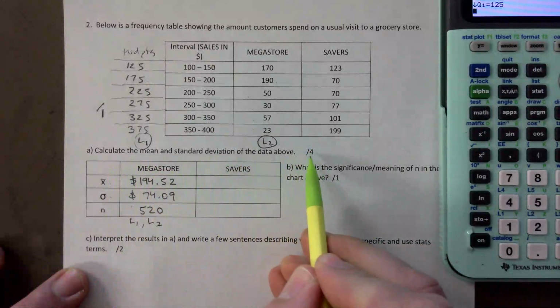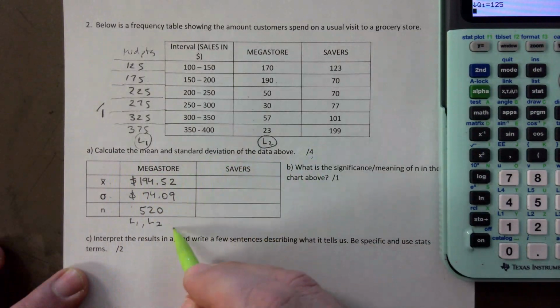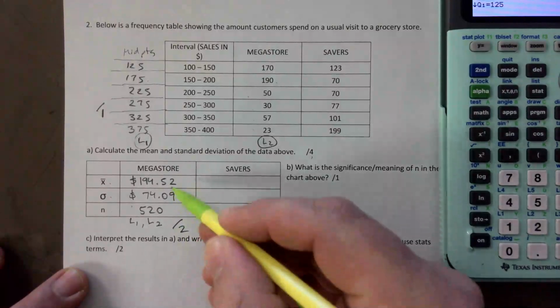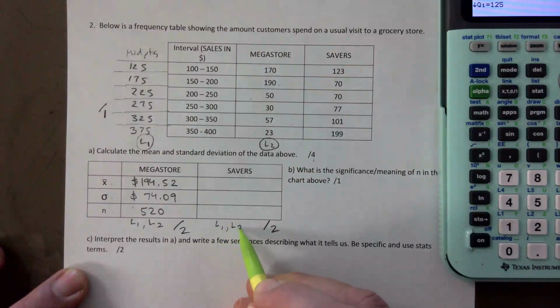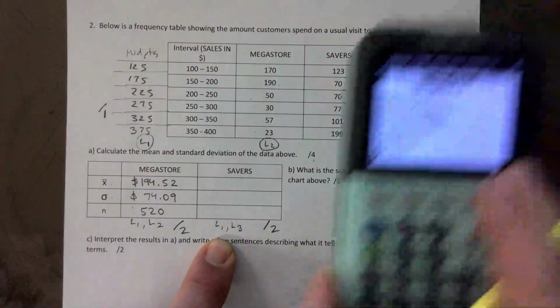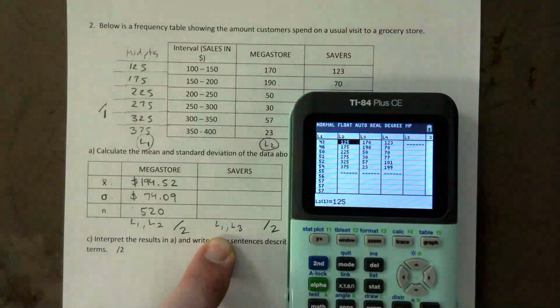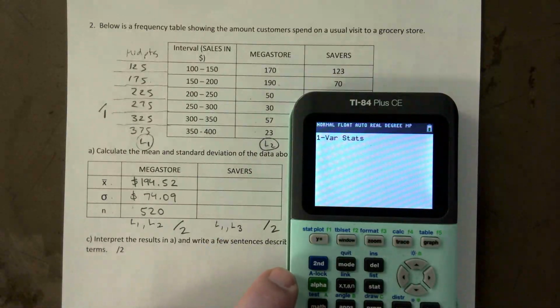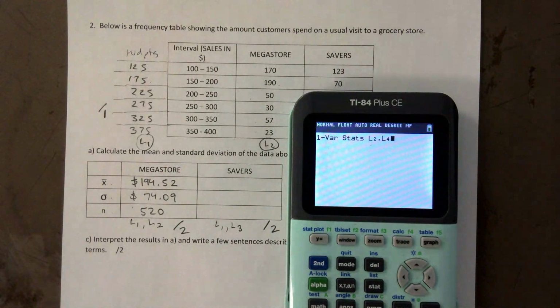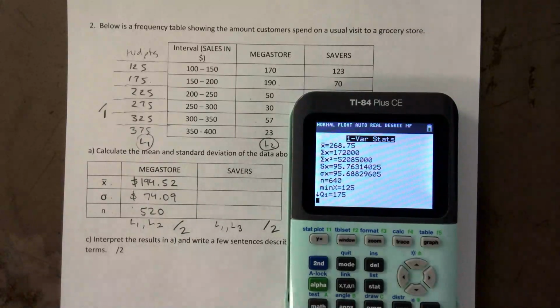Then for finding the mean and standard deviation, I give you 2 marks for each correct entry, right? So this would be L1, L3 in a sense. Okay, so I'm going to go stat calc, one variable. I'm going to go L2, L4. Because remember, I put L2, L3, L4 for this question. That's what I used.